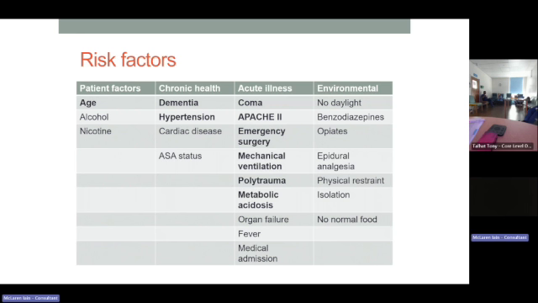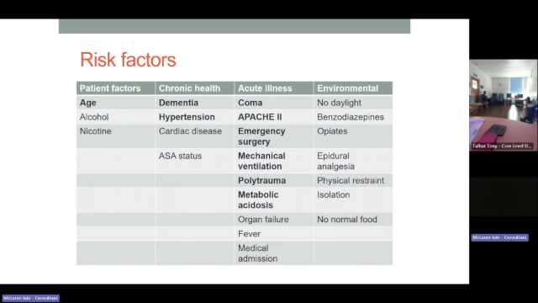Any form of physical restraint. It's interesting here that epidural analgesia is associated with an increase in delirium over patients that have just had spinal analgesia. And that is partly because you tend to tie the patient down to the bed with an epidural, they're not mobile. We also restrict patients, both chemically, and in some countries physically.